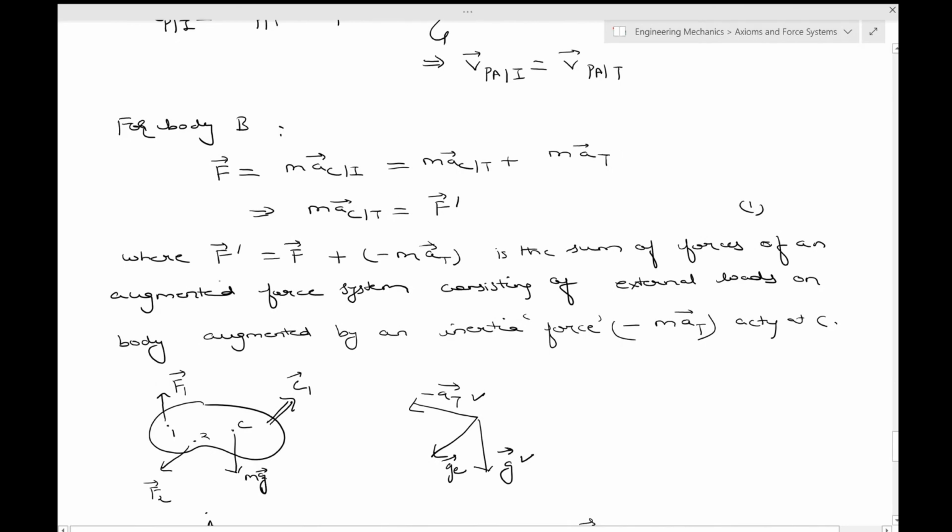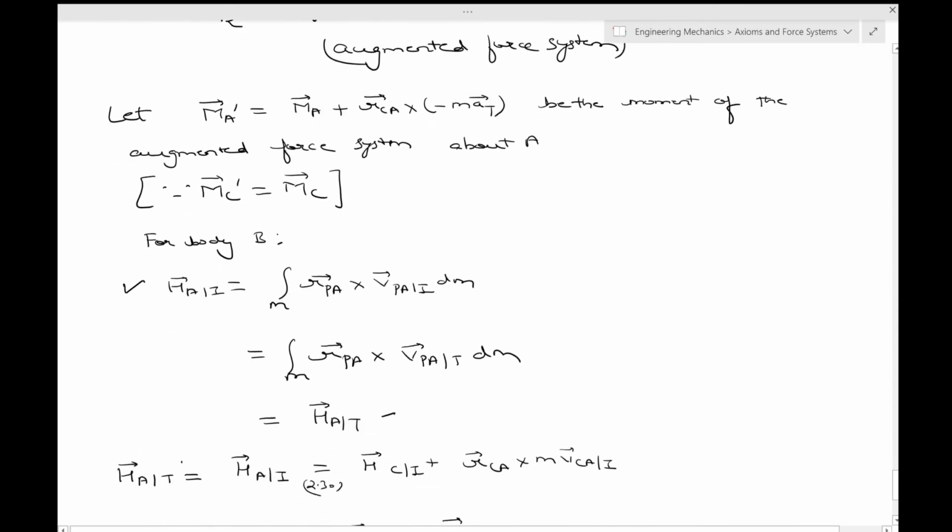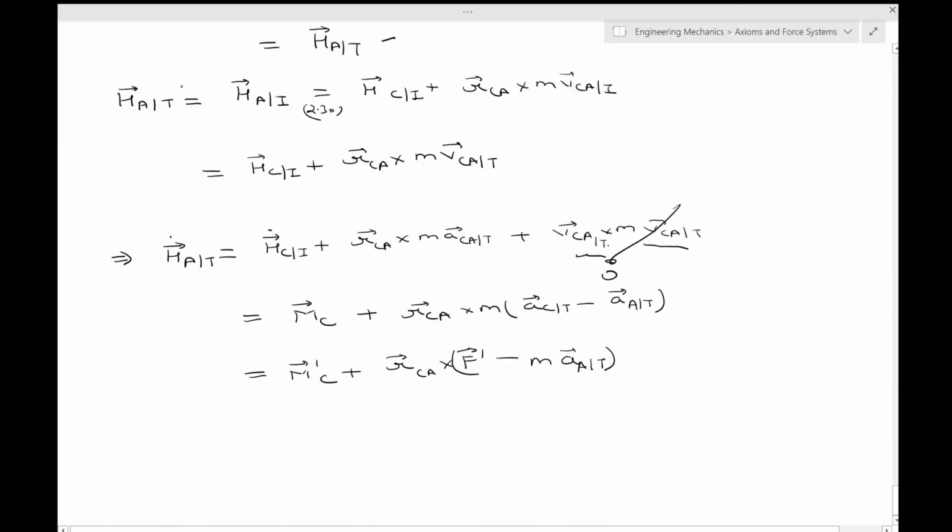Okay, this would be equal to, take this term and you would have M dash A minus RCA cross MAA in the T frame.